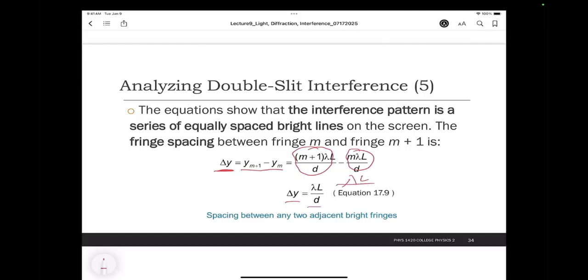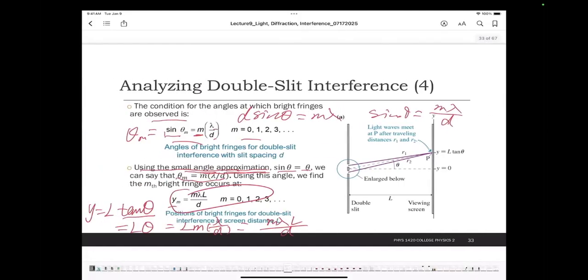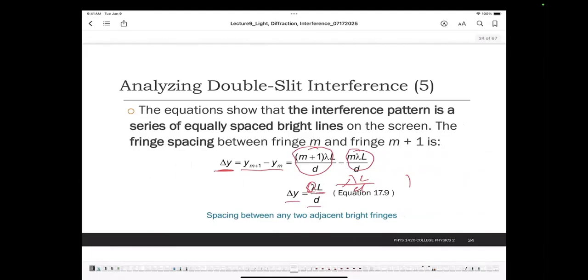Lambda L divided by d, am I right? The wavelength is fixed for a specific wave, and L is the distance from here to here, also fixed, and d is also fixed. So the interference pattern is a series of equally spaced bright lines on the screen. Does that make sense to you?